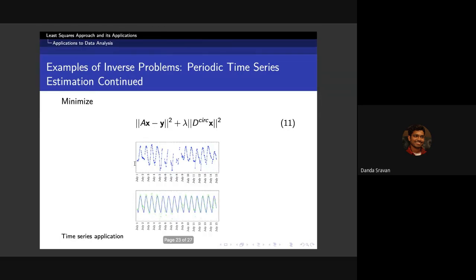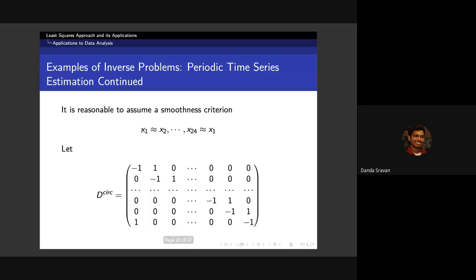So I can rewrite my whole cost as this. The first term penalizes my answer deviating from the basic model that I wish to have, and this second term penalizes values if they do not satisfy this particular smoothness criterion.